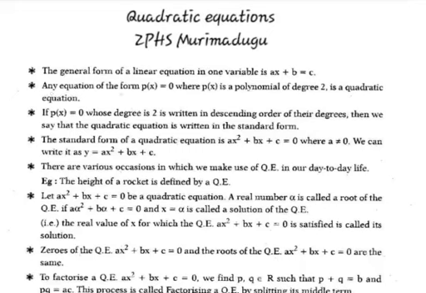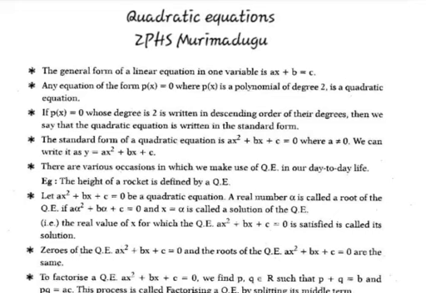Any equation of the form p of x is equal to 0, where p of x is a polynomial of degree 2, is a quadratic equation. Quadratic equation means its degree is 2.